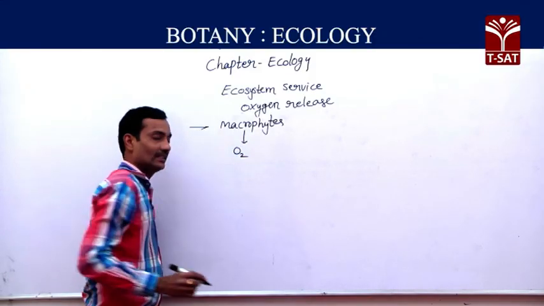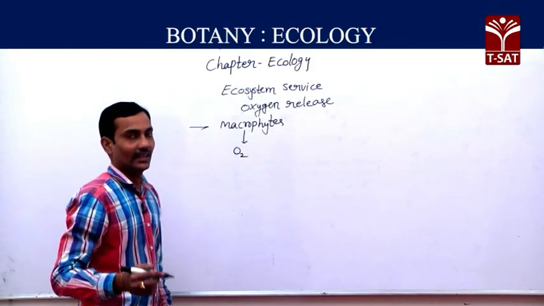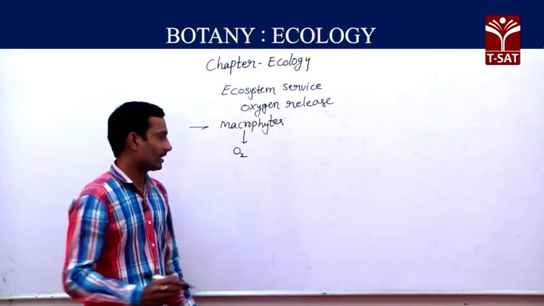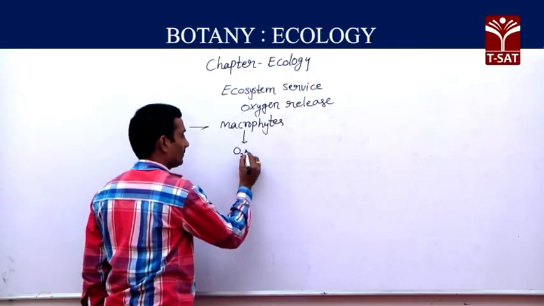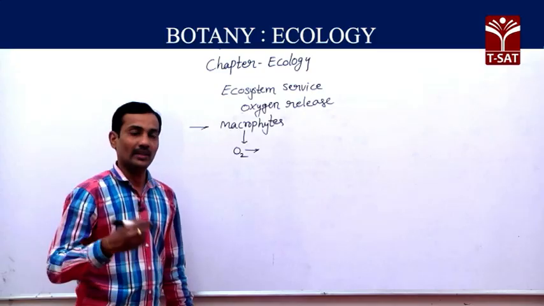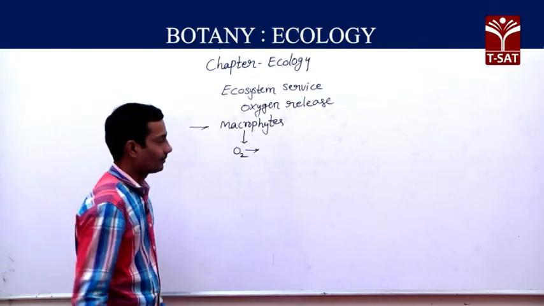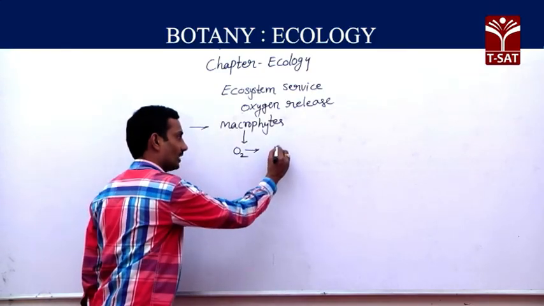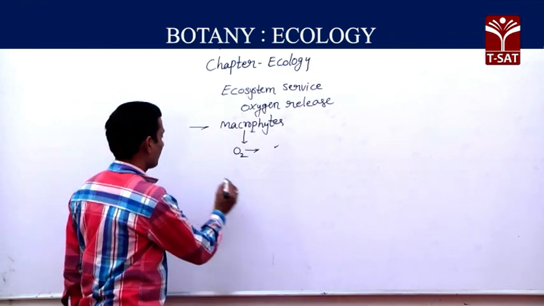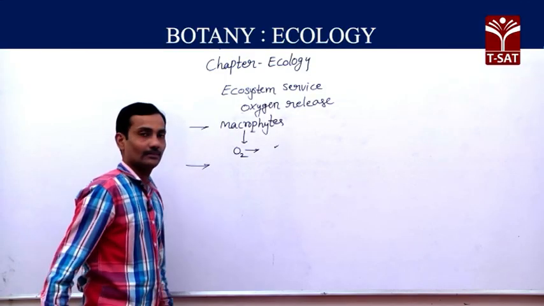That oxygen indirectly increases the dissolved oxygen in the water. Oxygen released by macrophytes helps in the survival of many aquatic organisms. So the dissolved oxygen you can find in the water is produced by macrophytes.